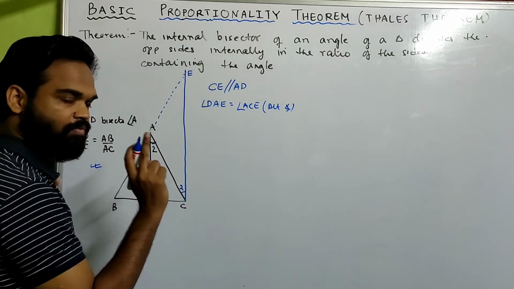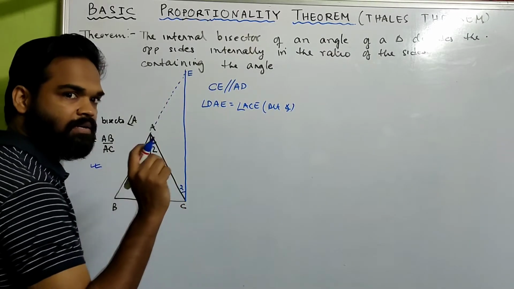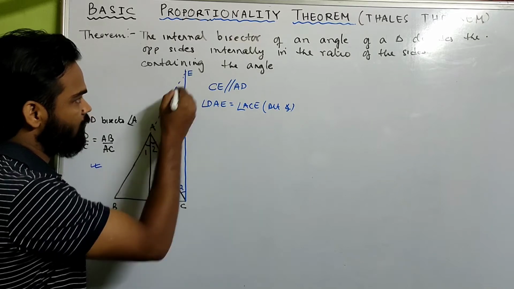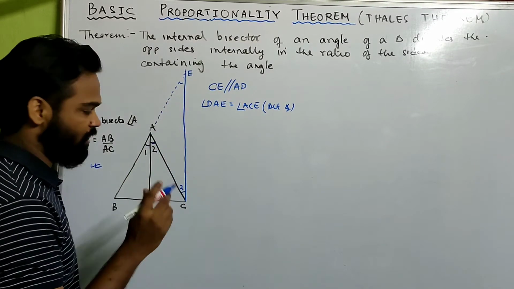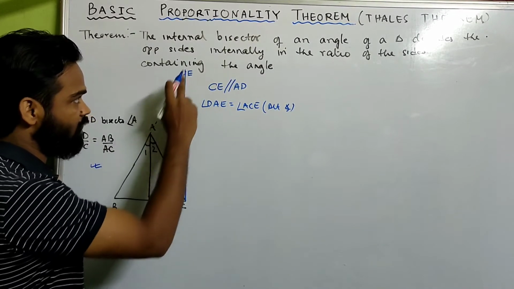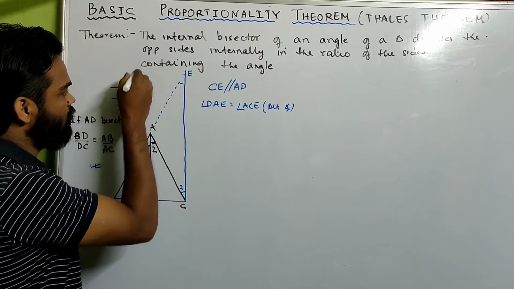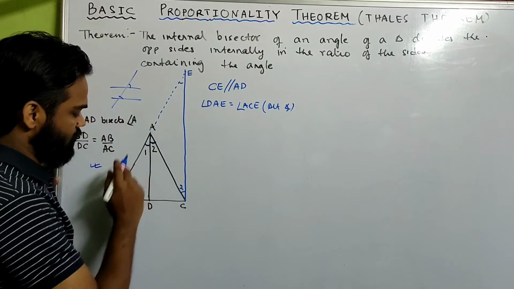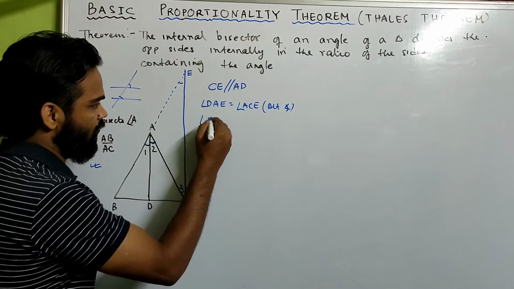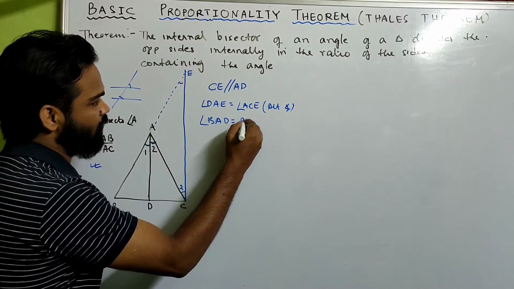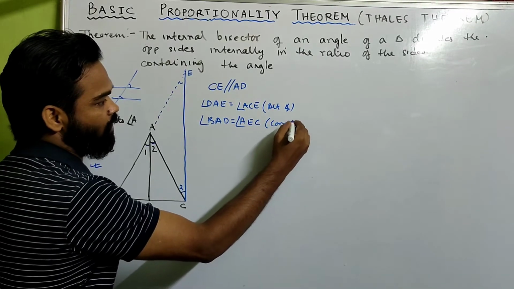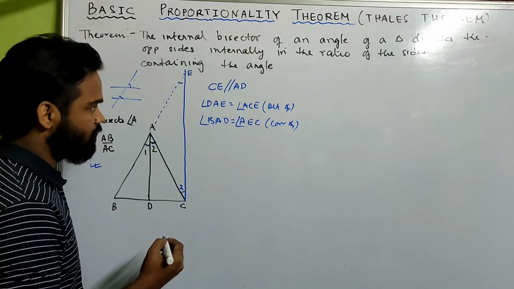Just look carefully. My first thing is to prove ACE is an isosceles triangle. Now this angle and this angle will be equal, corresponding angles, because AD and EC are parallel, which means angle BAD is equal to AEC. That's corresponding angle, isn't it?